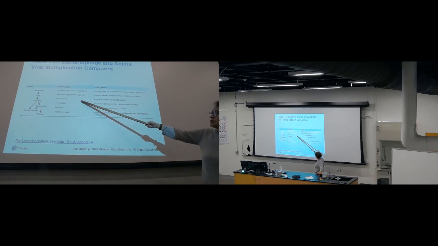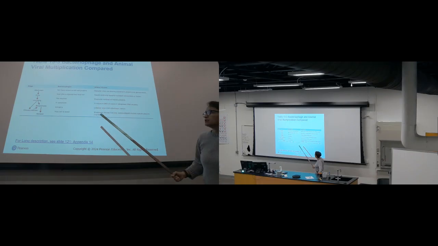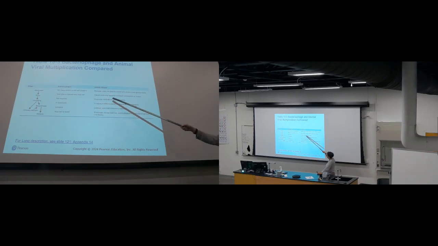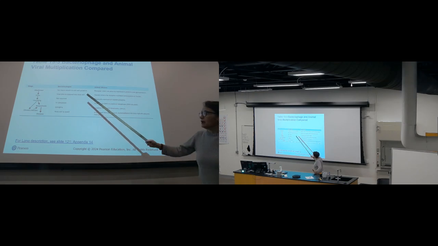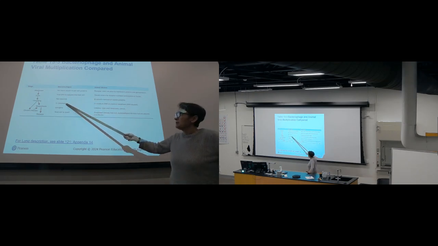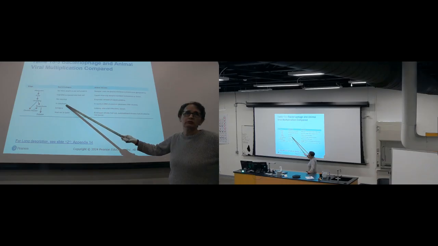In the case of the uncoating, it is not needed in the bacteriophages because directly the DNA enters into the host cell. And in the case of animal viruses, you require enzymatic removal of the capsid proteins so that you can have the DNA or the RNA in the host cell. Now, since bacteria don't have a nucleus, the replication or the biosynthesis happens only in the cytoplasm.